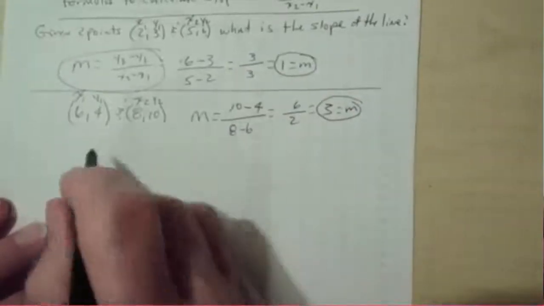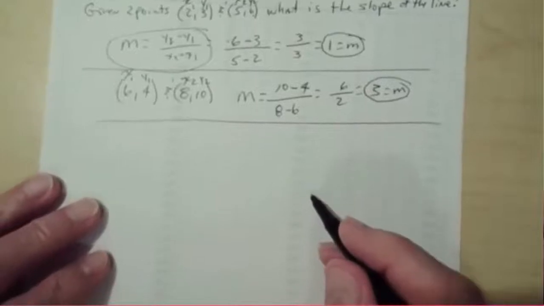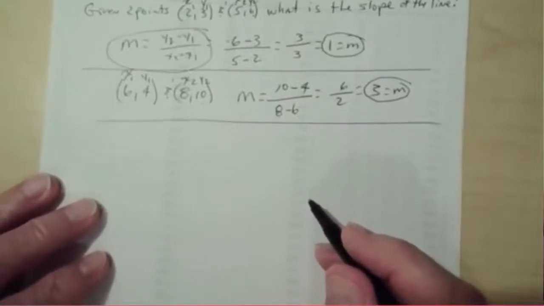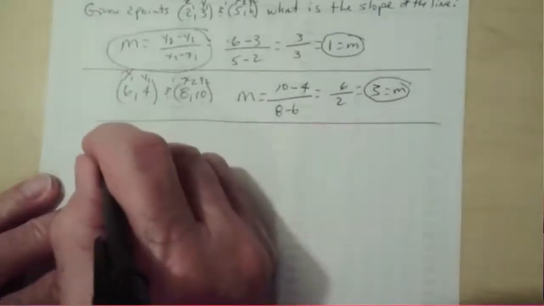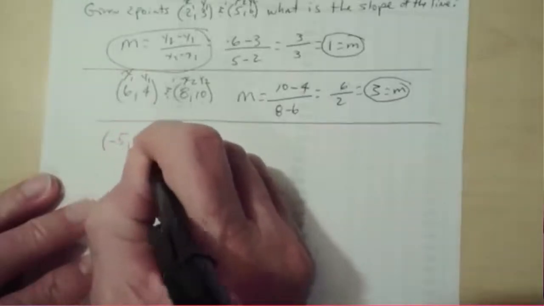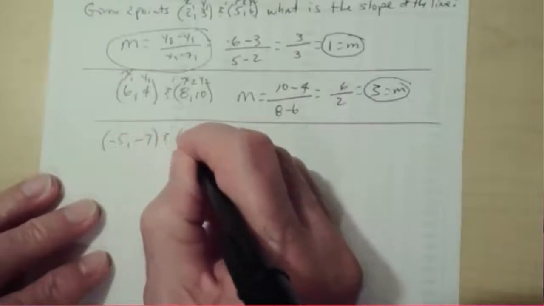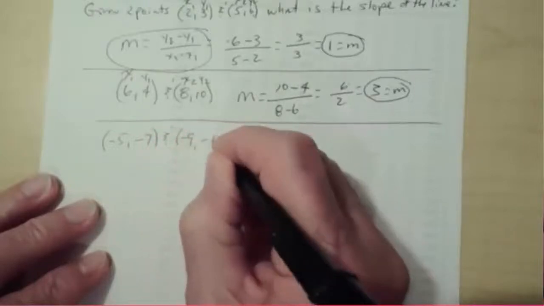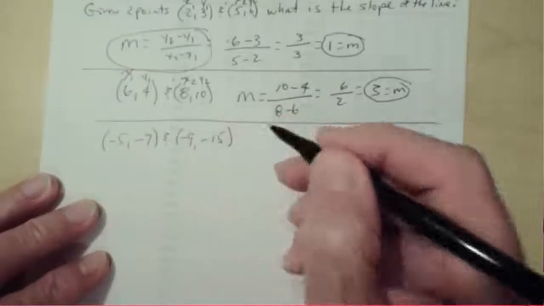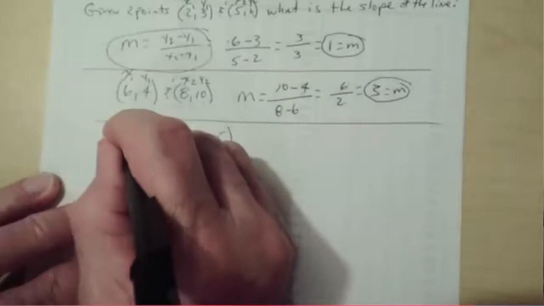Now, the only time these things get even the slightest bit difficult is when we've got the godless negative numbers. So what if you're given (-5, -7) and (-9, -15)? Okay, our formula is, and again, x1, y1, x2, y2.